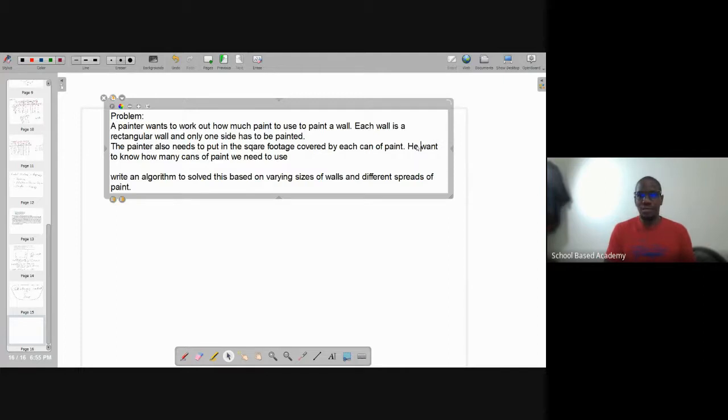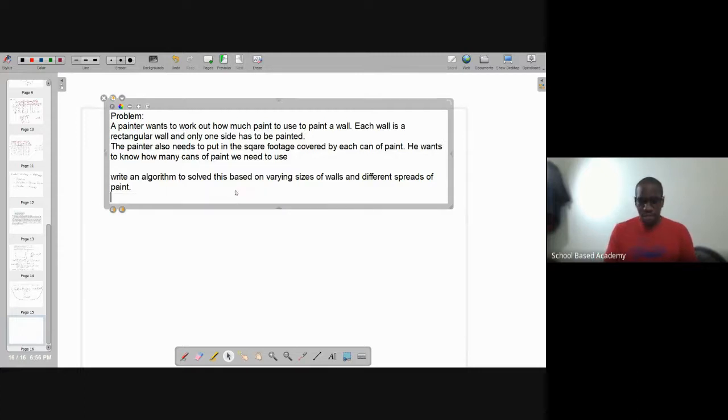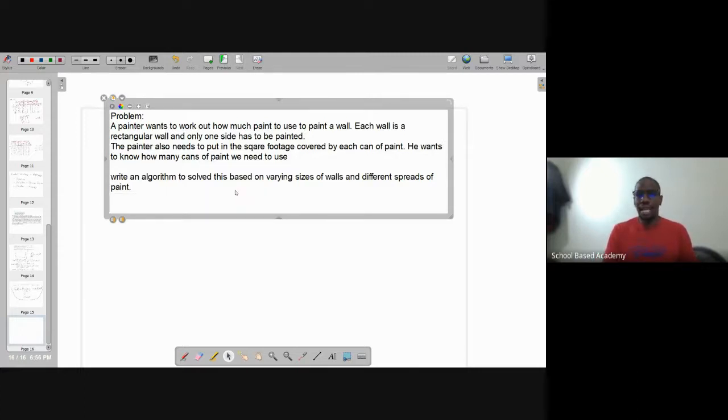To just make it a little better English-wise, the objective of this is to work out how much paint we need to be able to use to paint a wall.